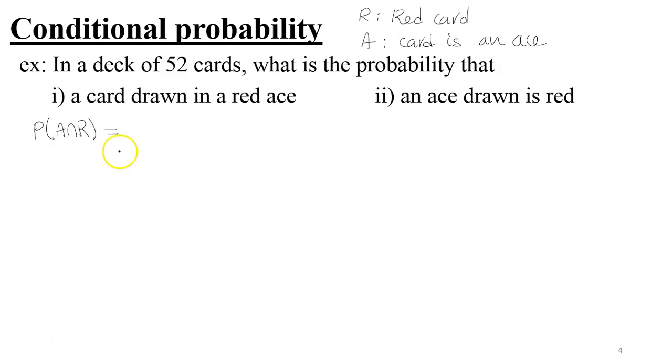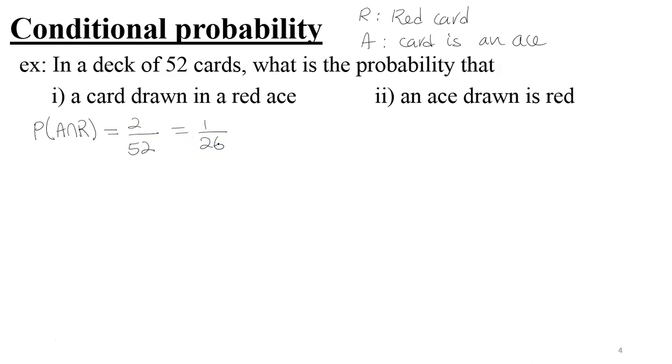Now, to find this probability, we'd have to look for how many cards are red and ace at the same time out of the total 52 cards. We know that in a deck of 52 cards we have 4 aces, out of which 2 are red. So over here, A inter R is in fact 2 out of 52, which is 1 out of 26.